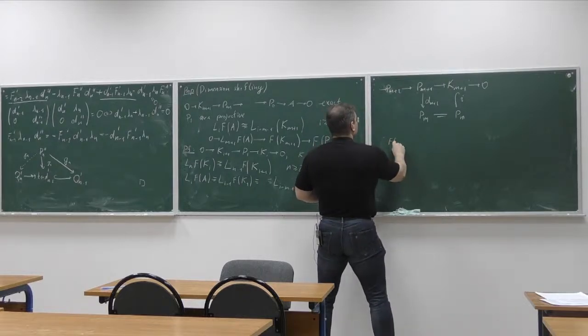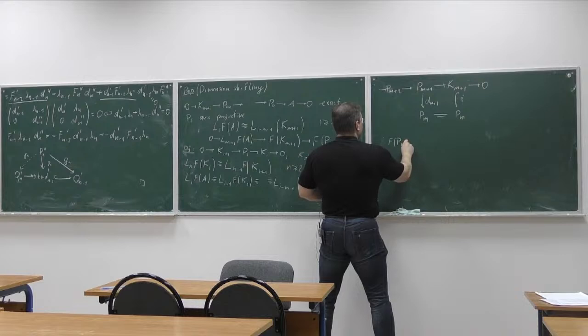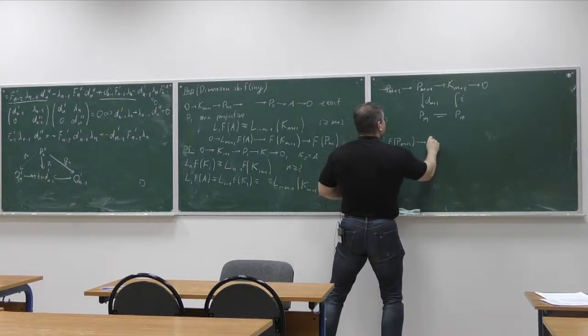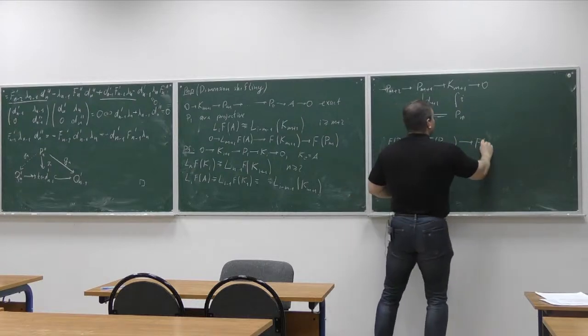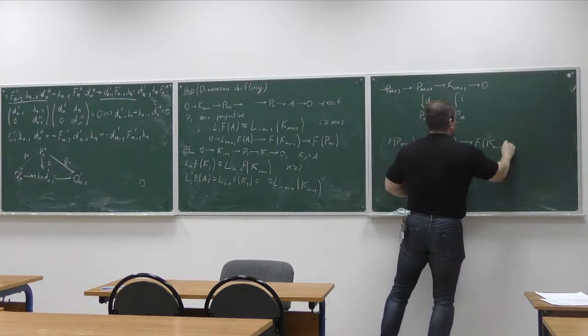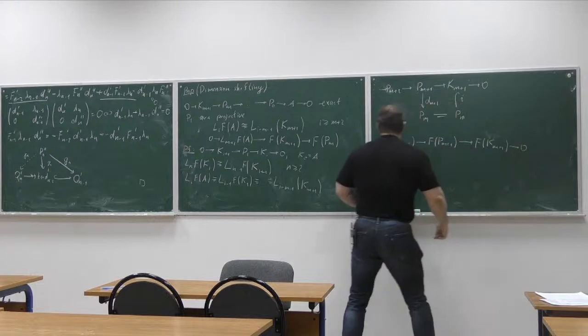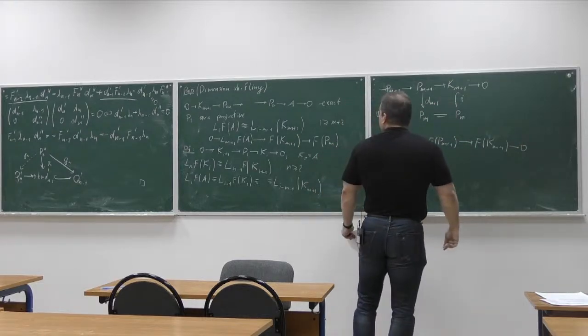So we get f applied to the object Pm plus 2, f applied to the object Pm plus 1, and f applied to the Km plus 1. I'm using that f is right exact.